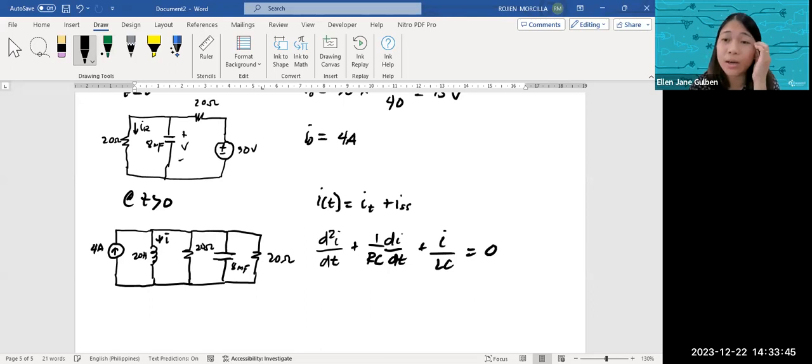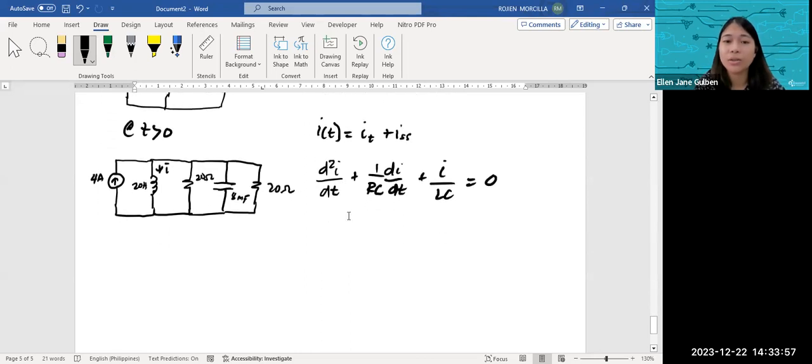So this is our source-free parallel RLC, the second order differential equation.